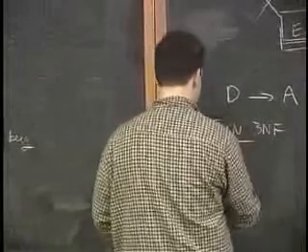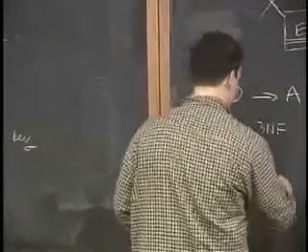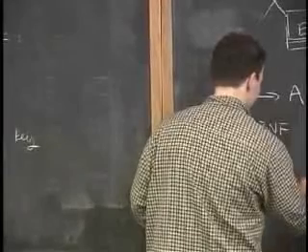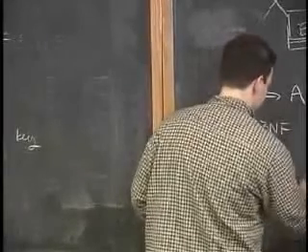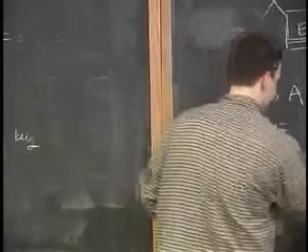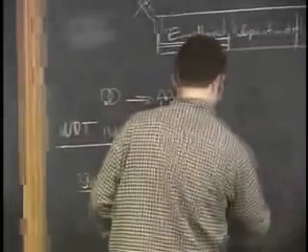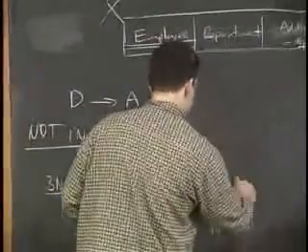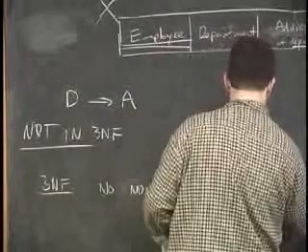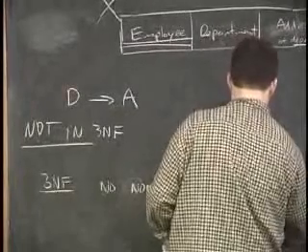And you guessed it, 3NF basically says no non-key to non-key dependencies, and 2NF also.